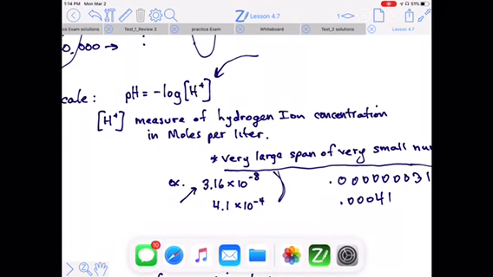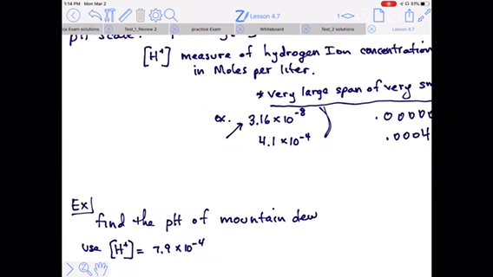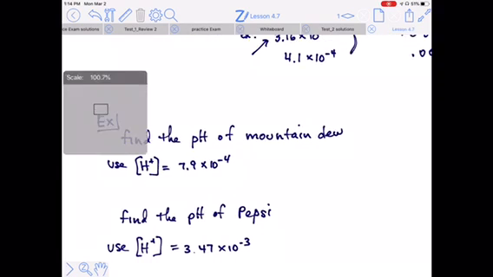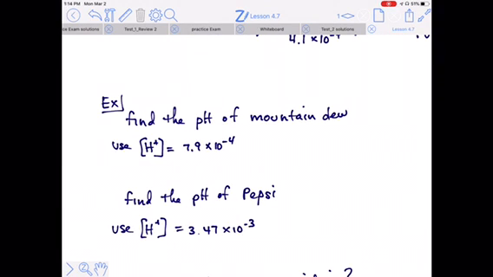So, an example here: Mountain Dew has a hydrogen ion concentration of 7.9 times 10 to the negative 4. Pepsi is 3.47 times 10 to the negative 3. Let's find the pH of both of those.